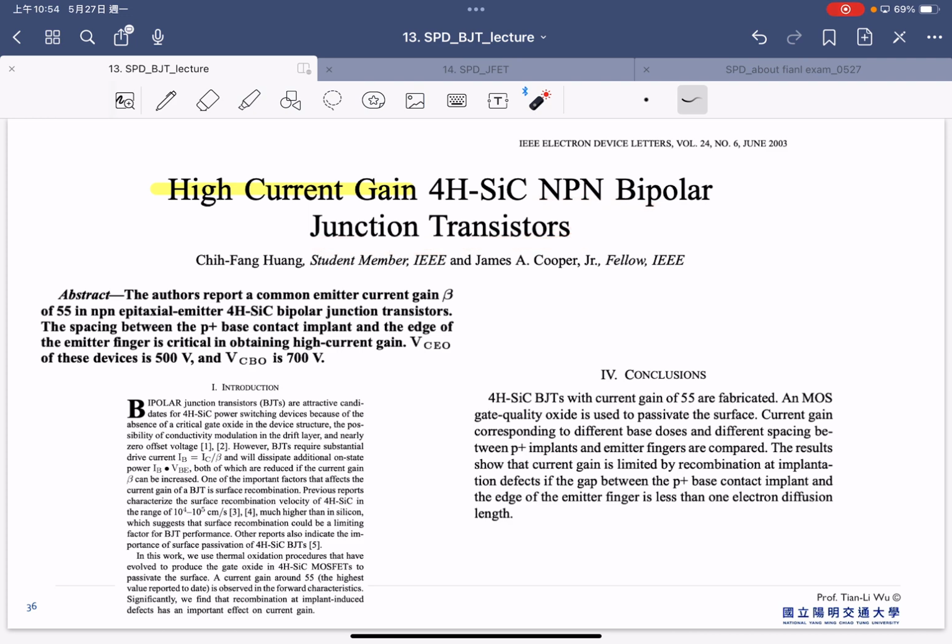So you see the title of this research is very straightforward. And if you look at the abstract, the authors report a common emitter current gain beta of 55 in the NPN epitaxy emitter 4H SiC bipolar junction transistor.